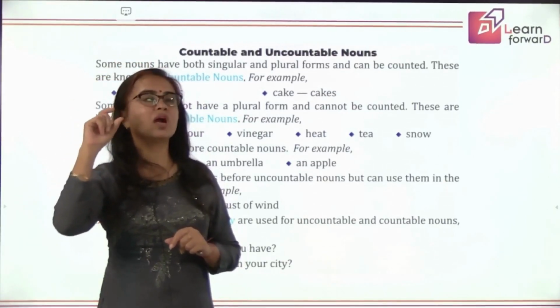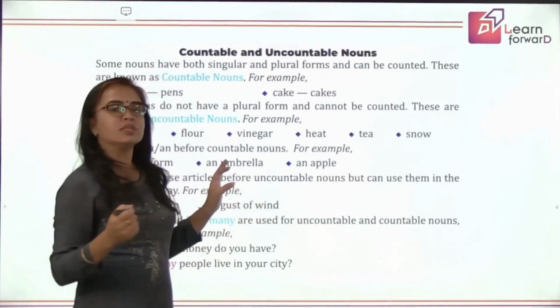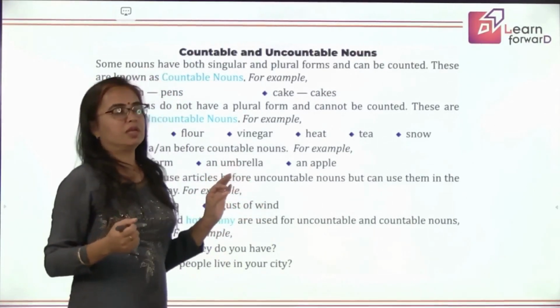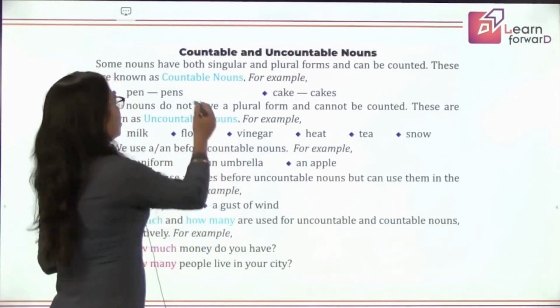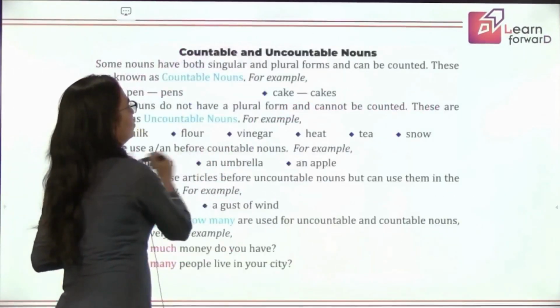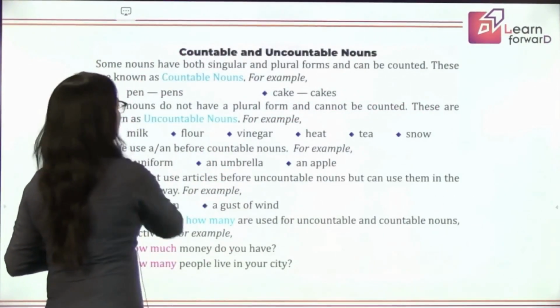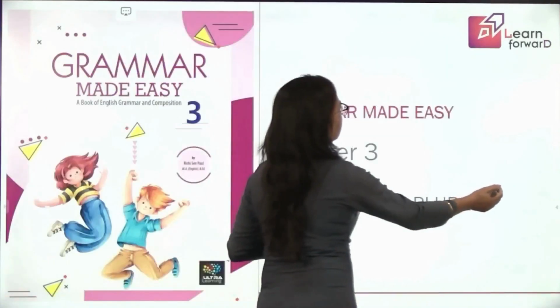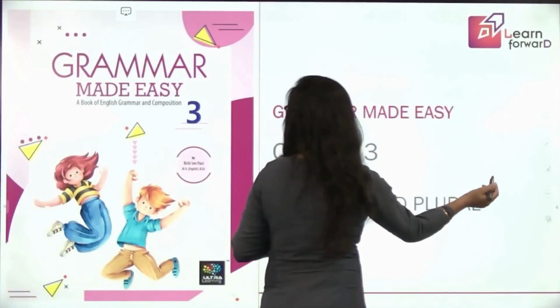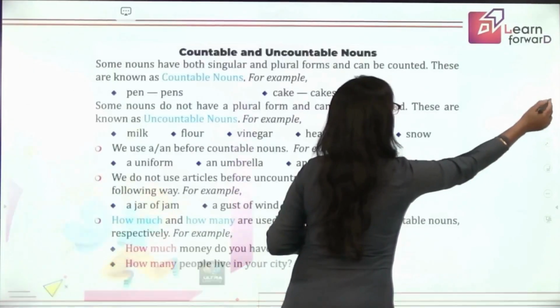You cannot count the liquids, so those liquids are uncountable. Countable nouns are the nouns that you can count.